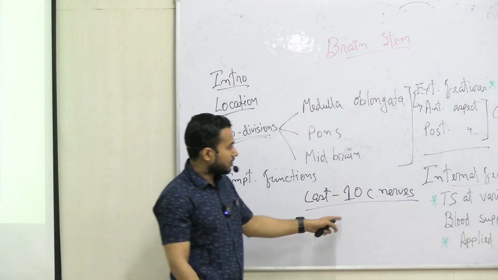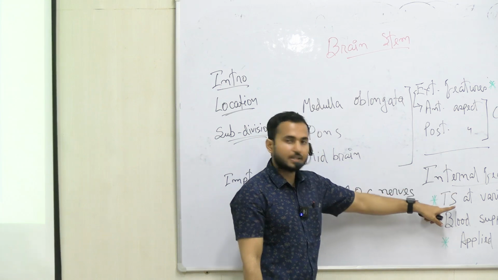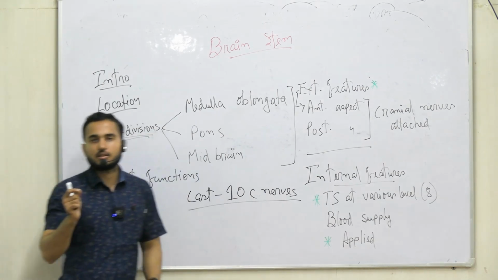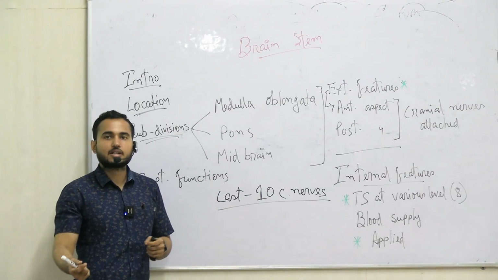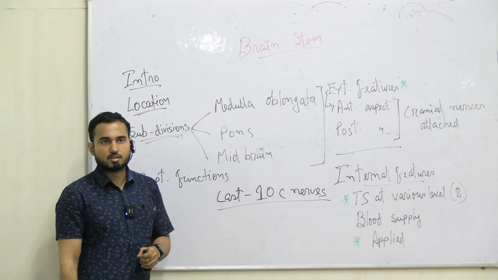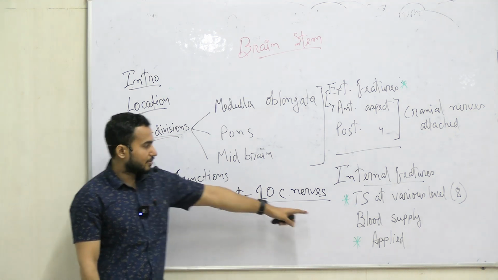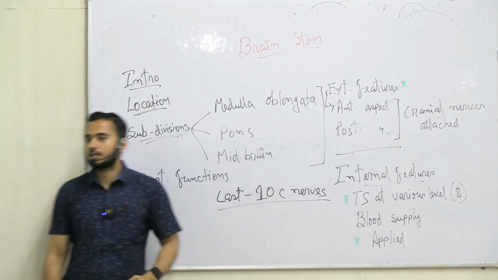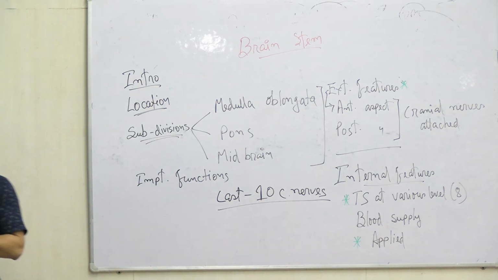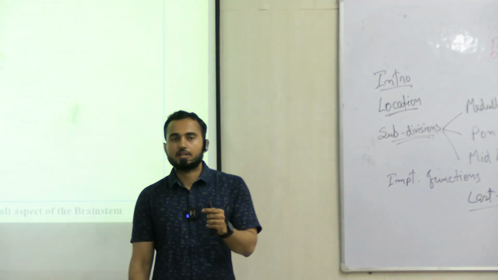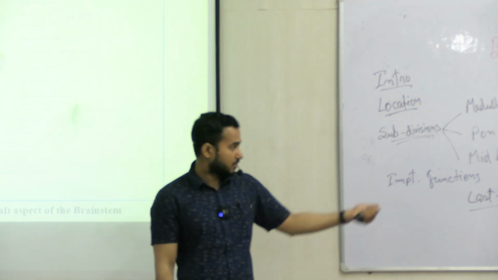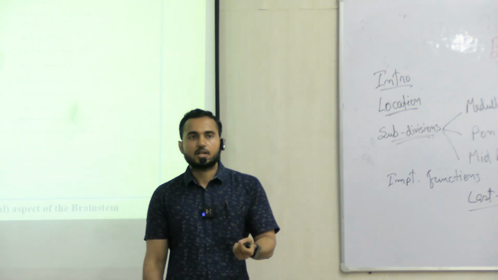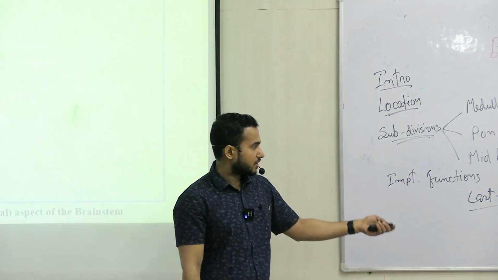Next, when we study the internal structure, that means when we take the TS, at that time the specific nuclei of the cranial nerves from where the fibers are coming will also be discussed. This will help you understand not only the brainstem but also the cranial nerves, the specific nucleus of each cranial nerve, how many nuclei are there. I am talking about the last 10, and from where the fibers are coming out will also be discussed.